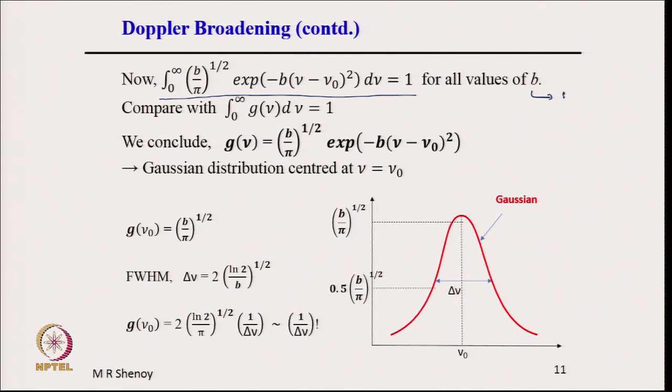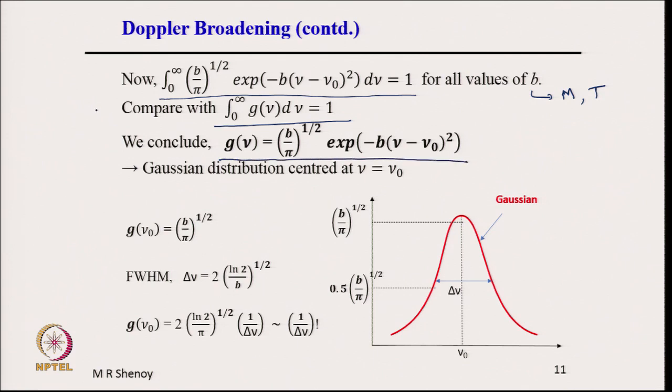Remember that b contains atomic mass m, b contains the temperature T. We also know that 0 to infinity g nu d nu is equal to 1. If this expression has to hold good for all values of b, then the integrand must be equal. In other words, g nu must be equal to this.